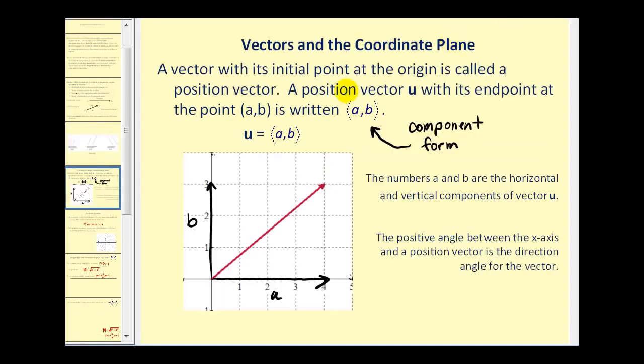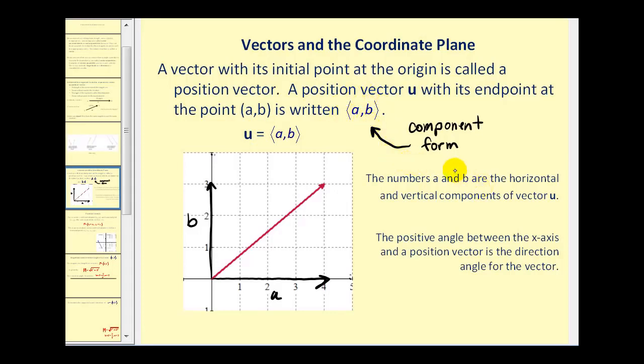A vector with its initial point at the origin, as we see here in red, is called a position vector. A position vector u with its endpoint at the point (a, b) is written using this notation, and notice they use this type of bracket instead of rounded parentheses so it's not confused with an ordered pair. This is called component form.